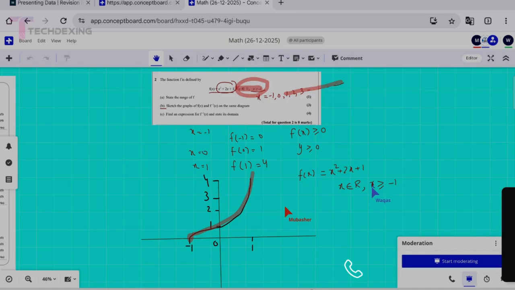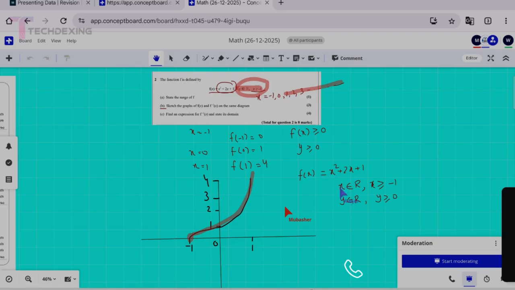This is the domain of the function. And we got the range of the function: we can say that y also belongs to R, and y is greater than or equal to 0, right?